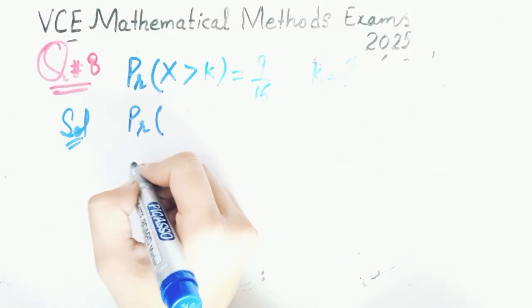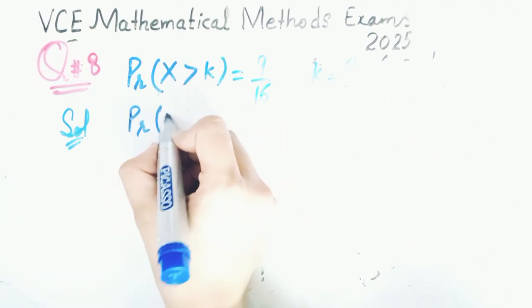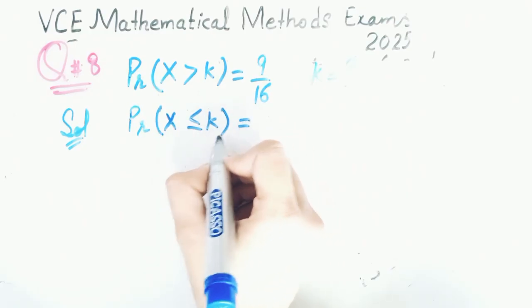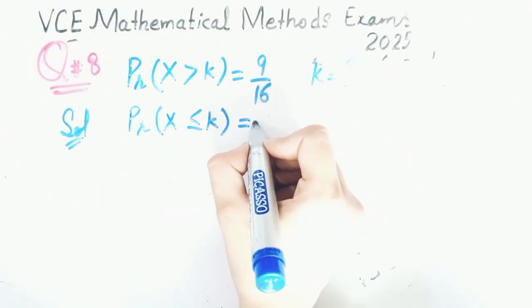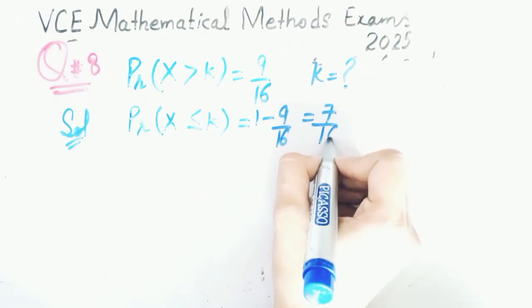How will we start? First of all, we will do the setup equation. Setup equation will be x less than or equal to k means 1 minus 9/16, that is 7/16.